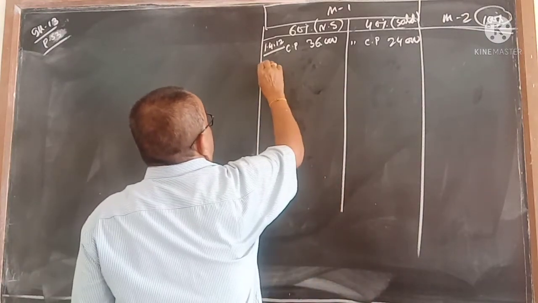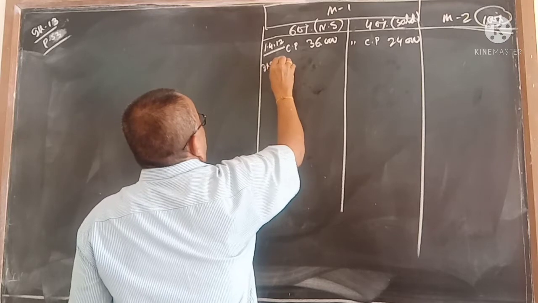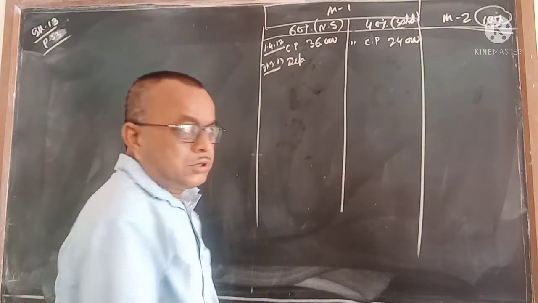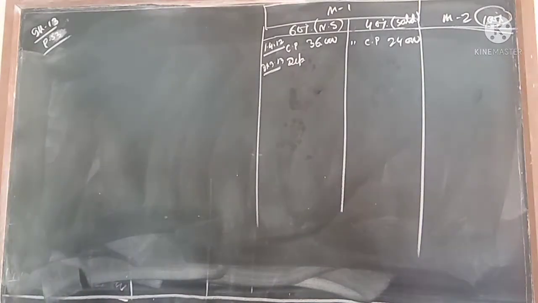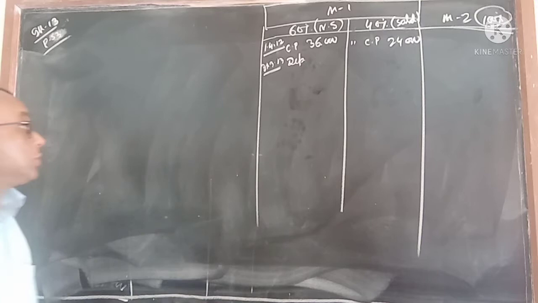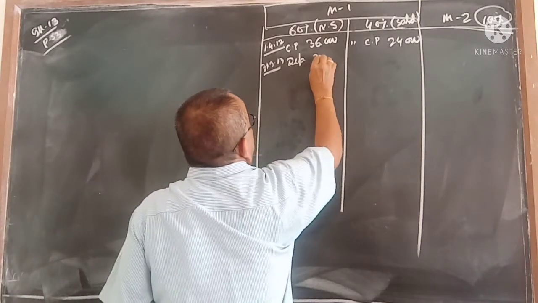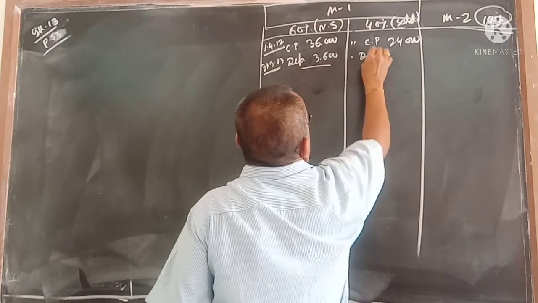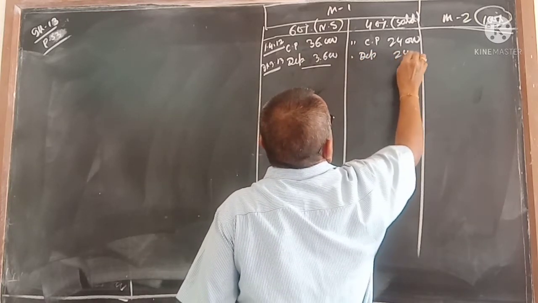Now depreciation on 31/3/13 will be charged at 10%. What is the percentage of depreciation? 10% under the straight line method. 10% comes to how much? 3,600, and for the other part the depreciation is 2,400.